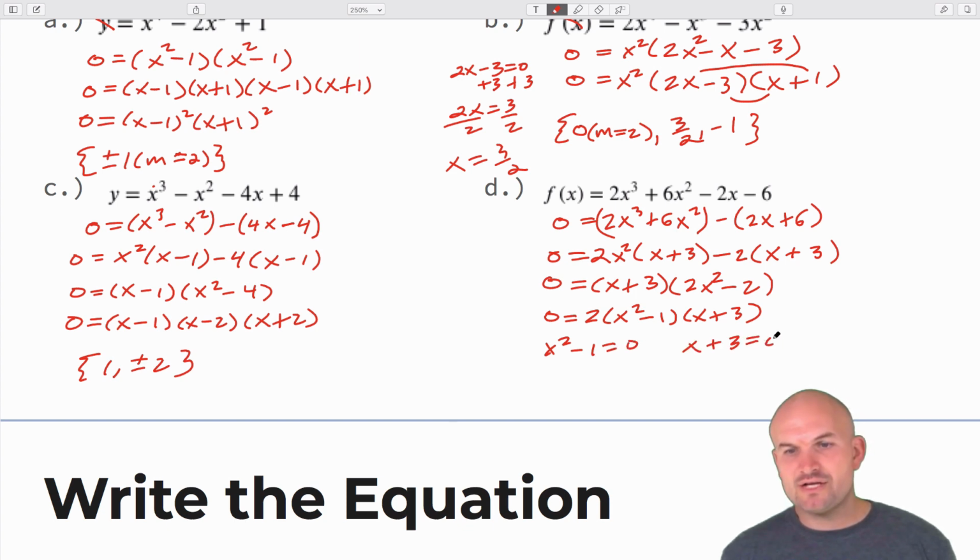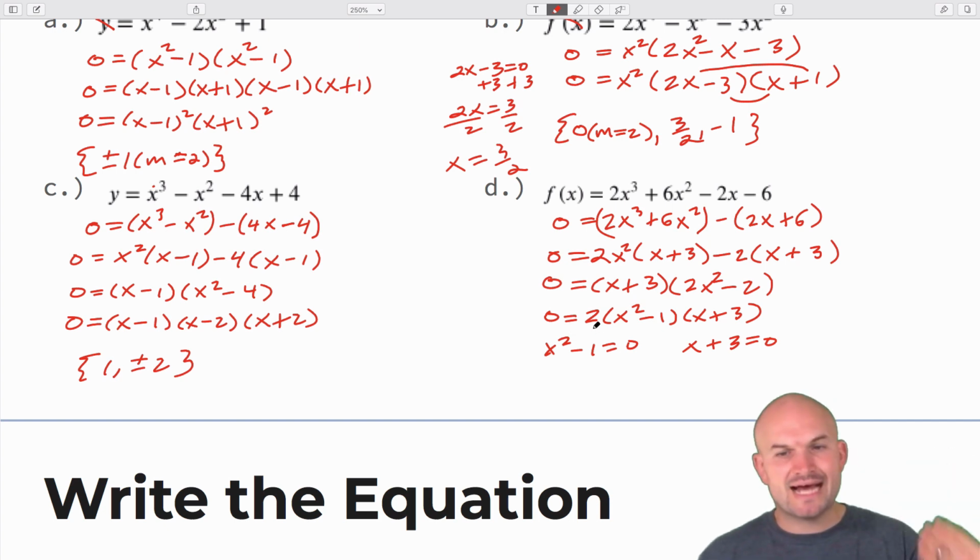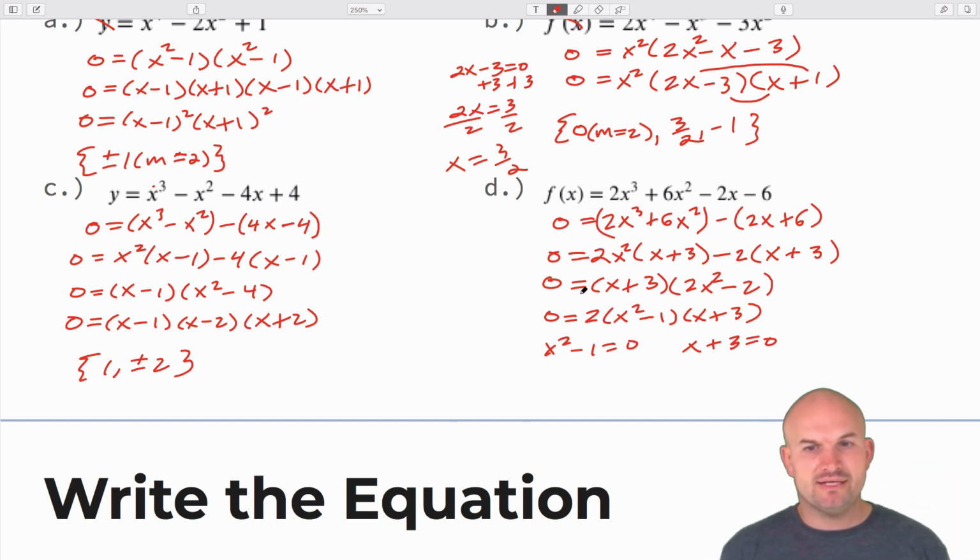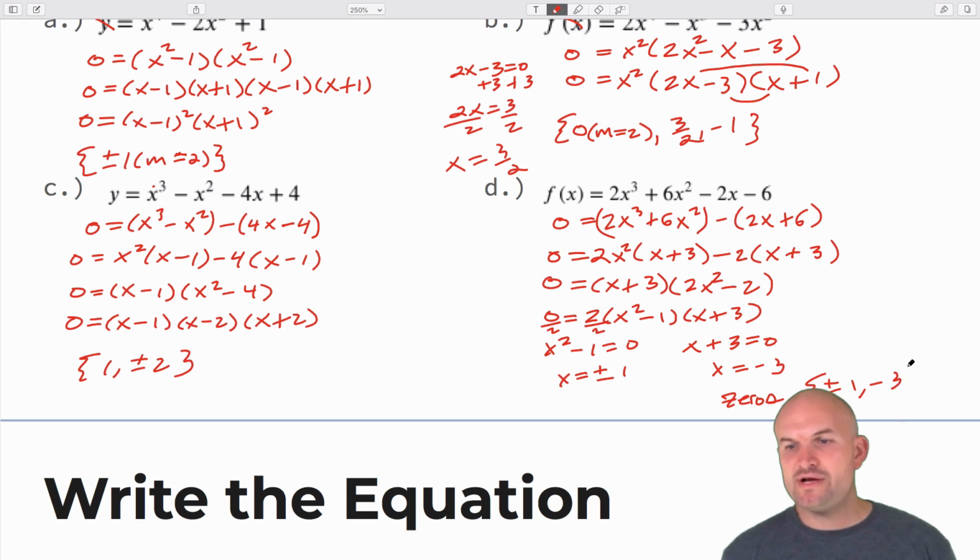Just remember, we're not going to set that 2 equal to 0 because 2 is not a factor. It's a scalar, right? You would divide by 2 out first. So therefore, you would get x equals plus or minus 1, and x is equal to negative 3. So the zeros are going to be plus or minus 1 and negative 3.